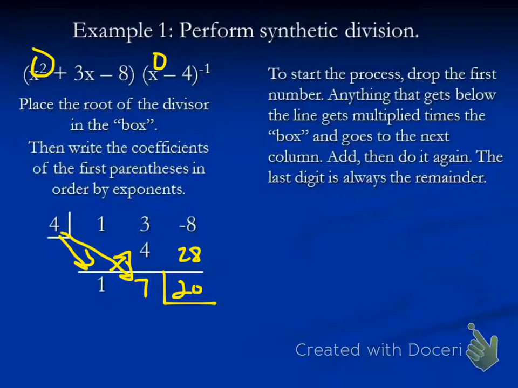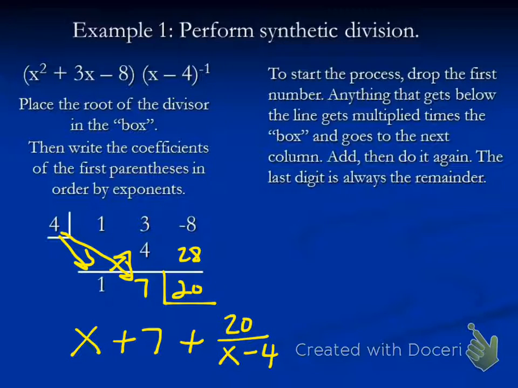So since our dividend here is a second degree polynomial, our answer is going to be a first degree polynomial. 1x to the first plus 7 plus 20 over x minus 4. So that last thing is our remainder. All right? And we're going to look at this whole process again, and then I'm going to make an observation.